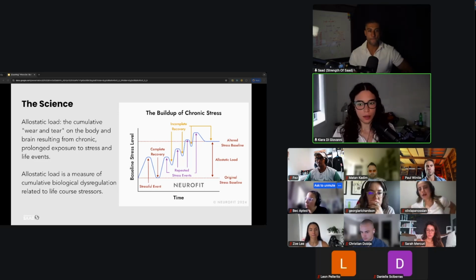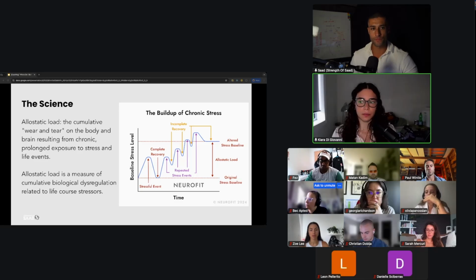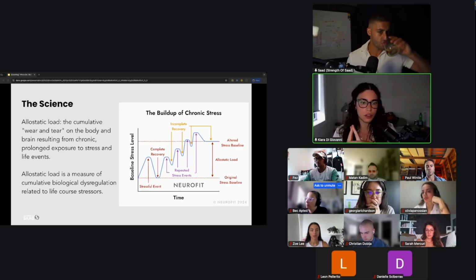There's another concept soon we're going to go into, which is window of tolerance. But basically, it just means that the threshold for you to experience symptoms or negative consequences of the stress is so much lower now because that baseline is way higher than it should be.